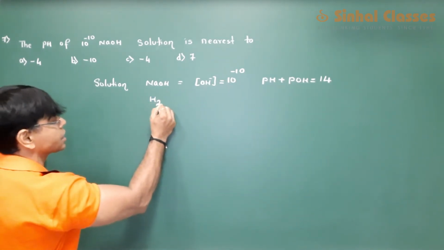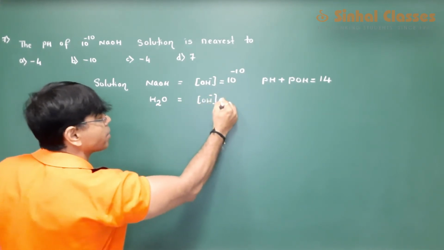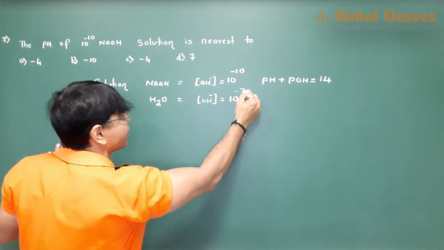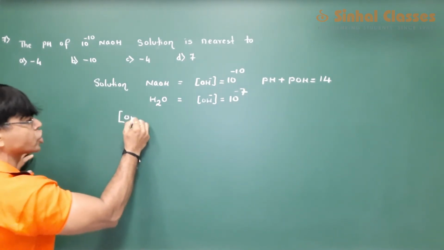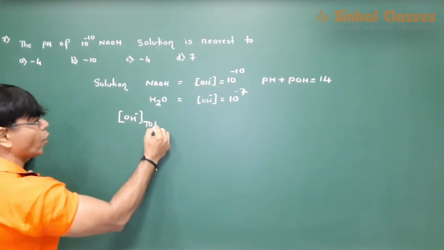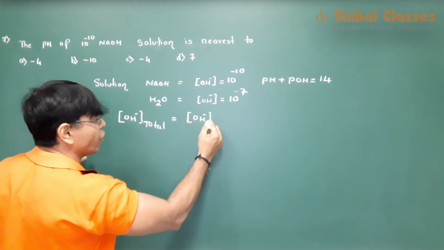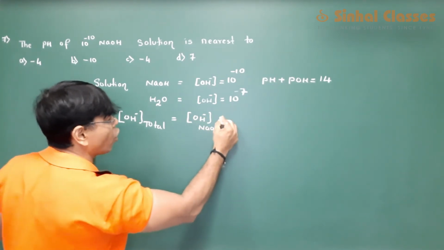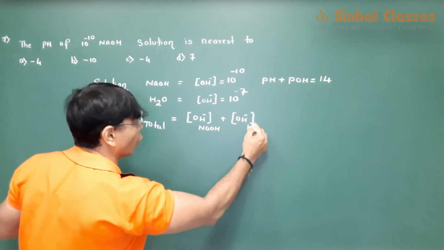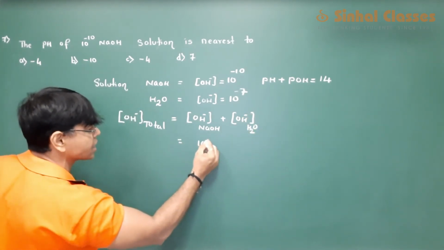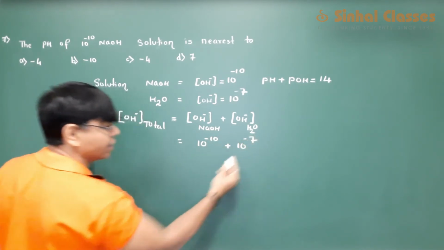Similarly, since it is a solution, from water also OH will come out. The OH coming out from water is 10 raised to minus 7. So what is the total OH? The total OH will be OH from NaOH and OH coming from water, H2O. So this is 10 raised to minus 10 and this is 10 raised to minus 7.